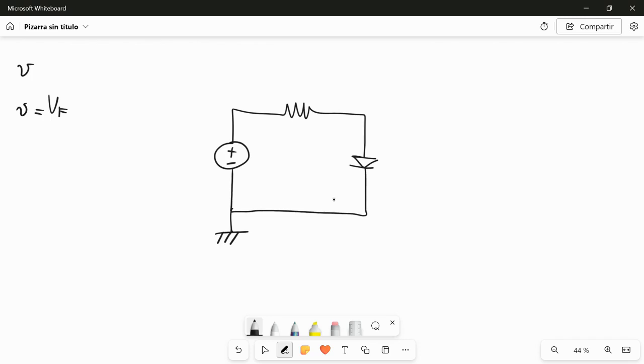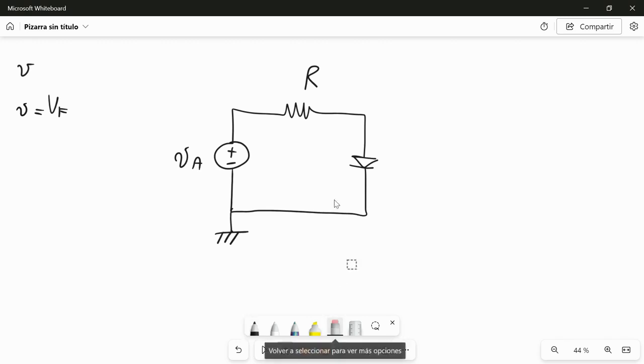So we have here a simple mesh. We call this R. We call this, let's say, VA. And we want to know when the diode is on, and basically we want to know the current and voltage of the diode depending on this applied voltage.